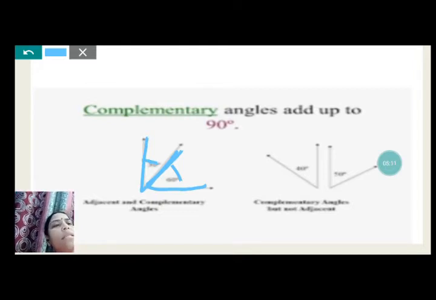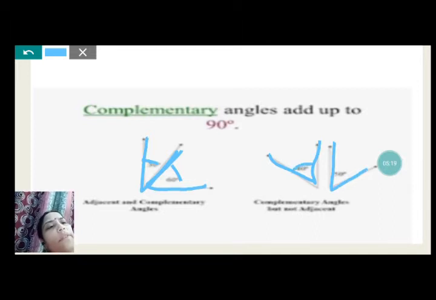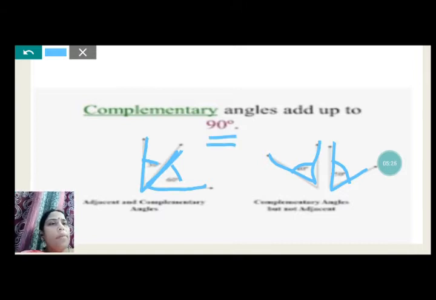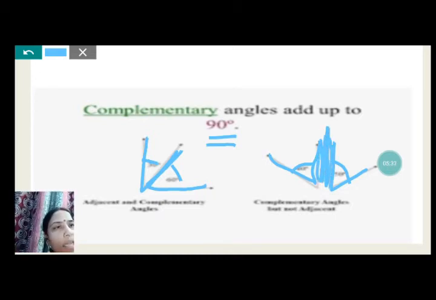And here what happens? Complementary angles but not adjacent. So see, this is 40 degrees, this is 50 degrees. When you add 40 plus 50, then also we will get how much? 90 degrees. But here you can see that they are not adjacent. They are not joined together, they are apart.